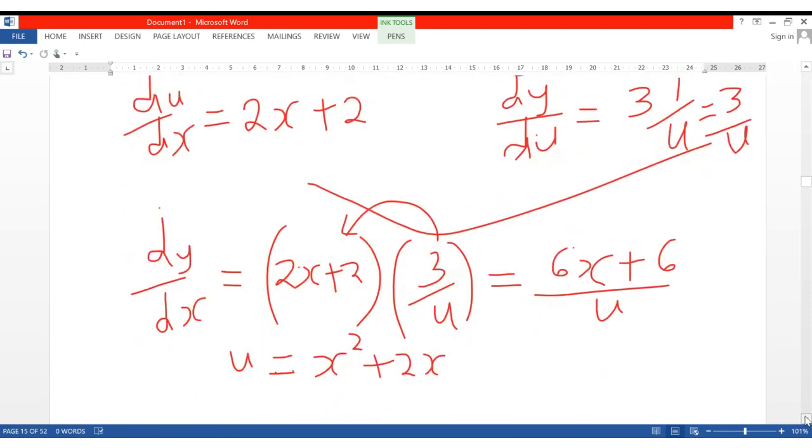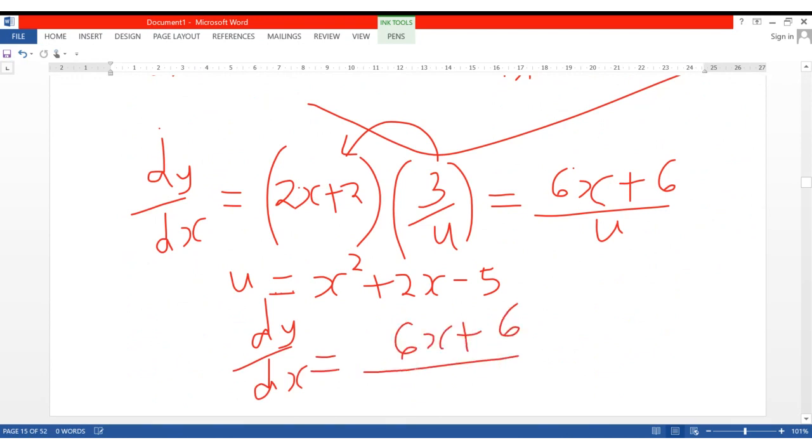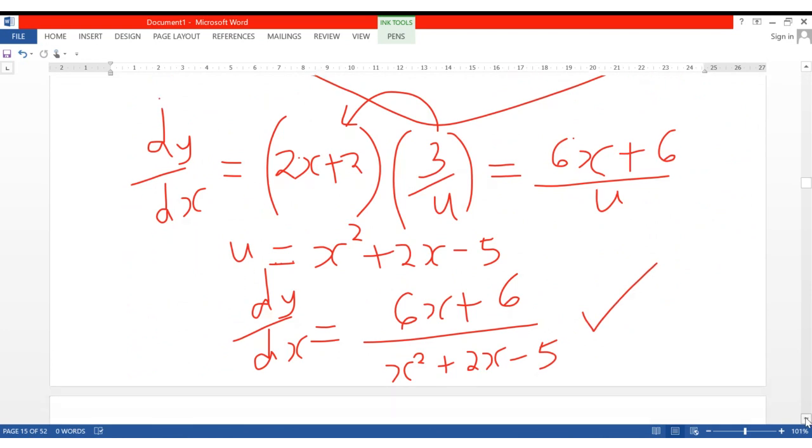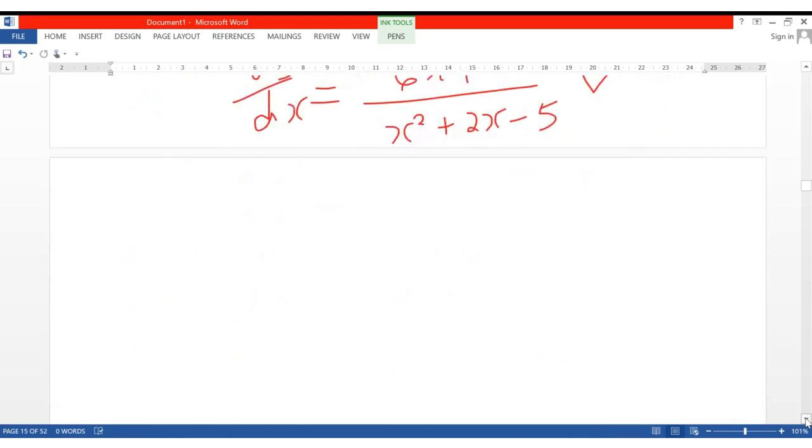So I replace that back. So dy over dx will be given by 6x plus 6 all over x squared plus 2x minus 5. The final answer. So I'll go back to other functions now. Trigonometric.